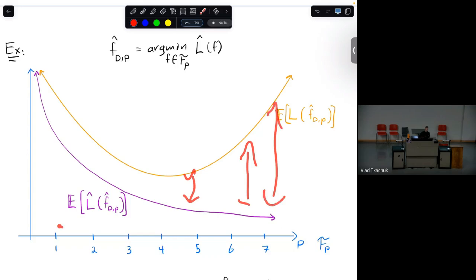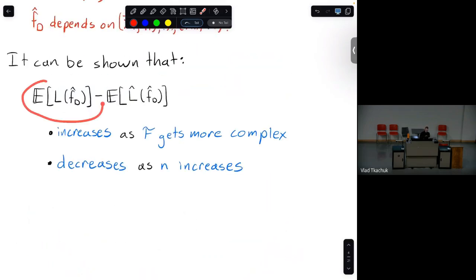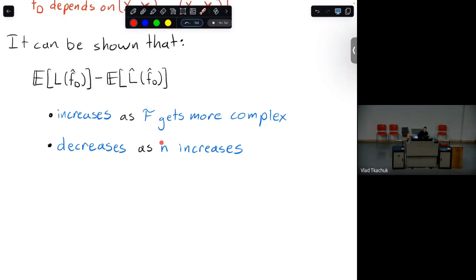Okay? P is small, it's pretty reasonable. The estimate's not that far off. You increase P, this estimate gets further and further. Okay, this is describing exactly this relationship: their difference gets larger and larger as F gets more complex. Okay, very, very important.